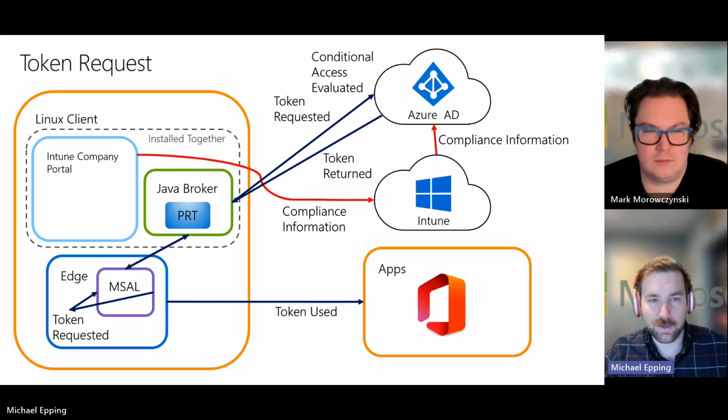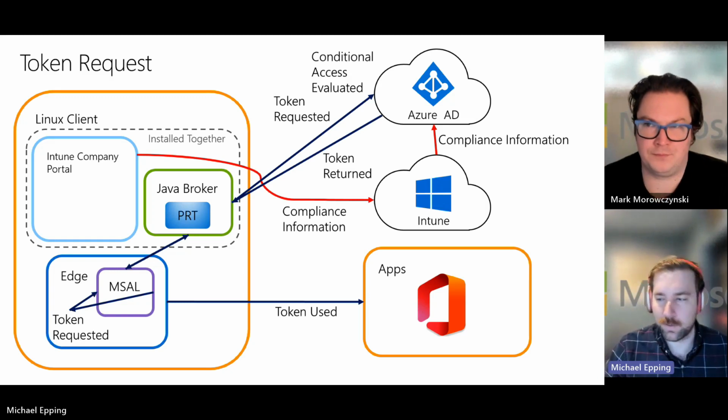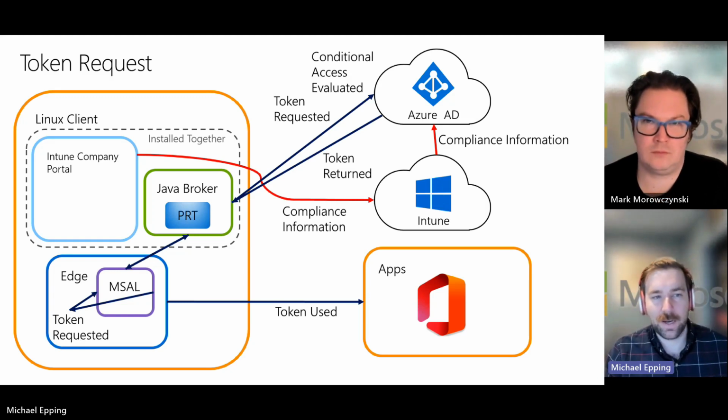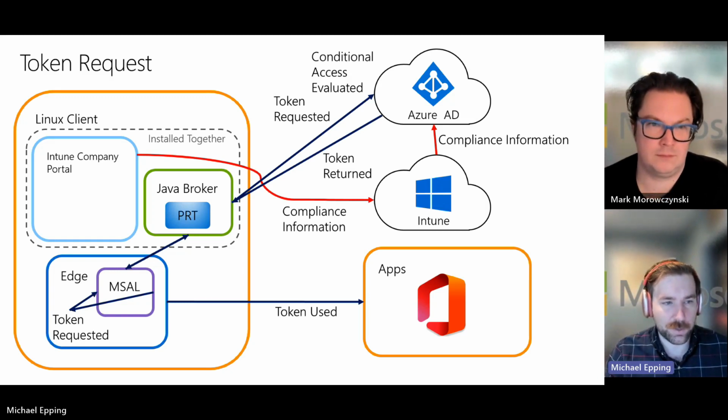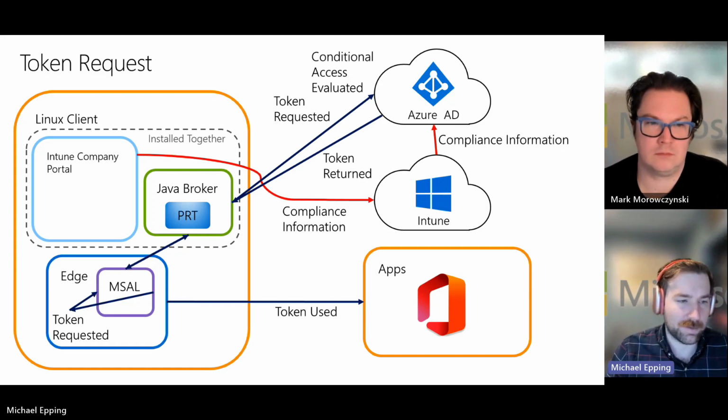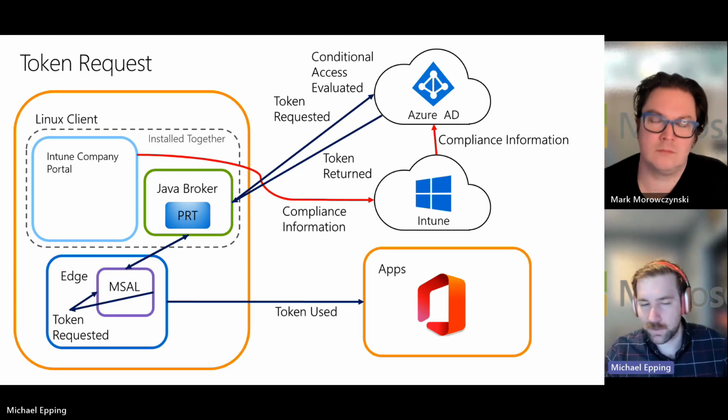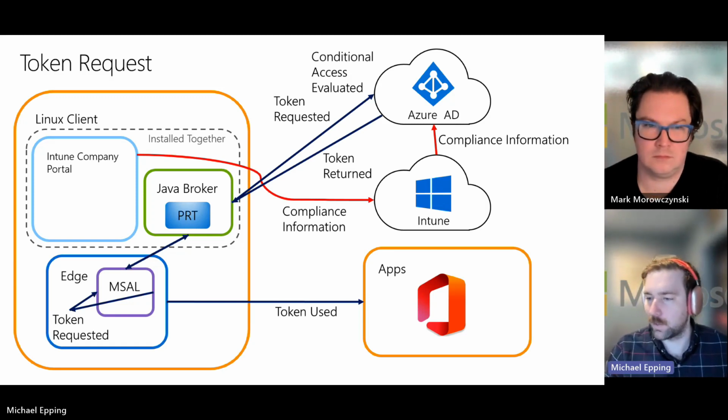And if everything checks out, like the device is compliant, the user has done an MFA, etc., Azure AD returns a token to the Java broker. The Java broker returns the token to MSAL inside of Edge, and then Edge can use that token to actually access the resource. And so now the user can connect to SharePoint Online or Exchange Online or whatever service they're trying to get access to.